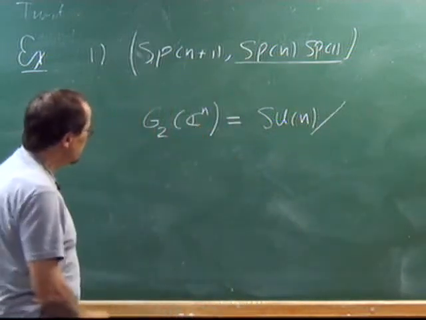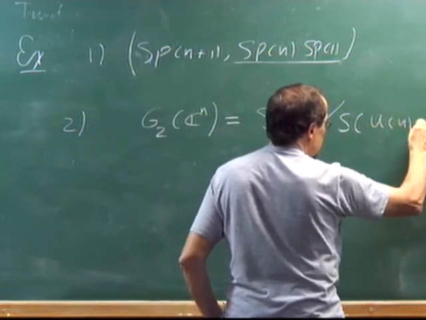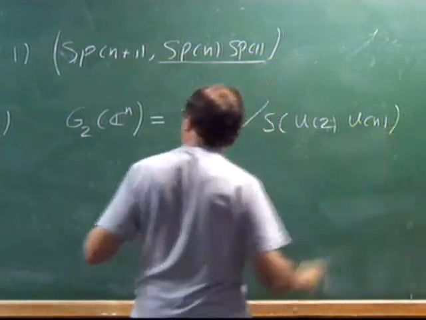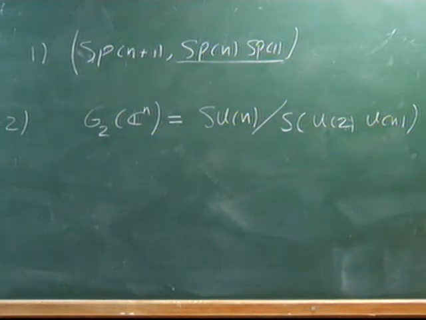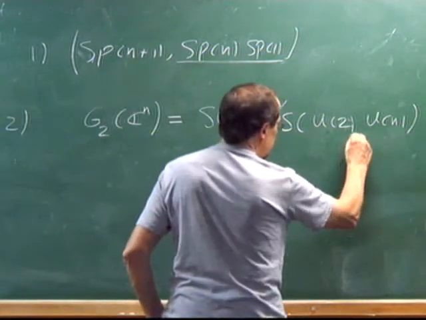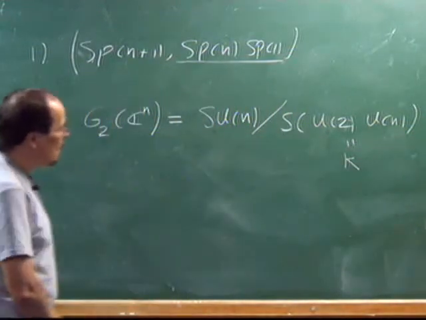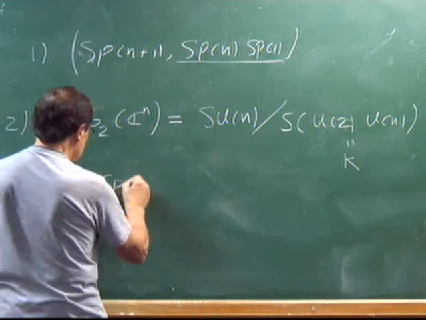SUN acts on this, and then I divide by S of U2, UN. These are complex two planes. So the stabilizer preserves a two plane and its orthogonal complement. So that's my K here. This was a symmetric pair. That's my G, this is my K. And I claim K contains an SP1.